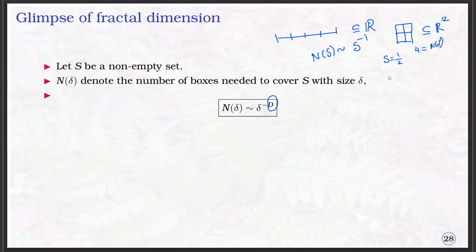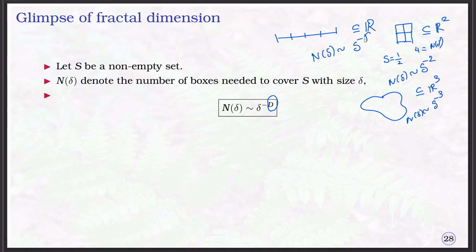That means n of delta is proportional to delta power minus 2. If you consider any object in R power 3, like this type of zigzag object, and you take smaller deltas, then n of delta will increase, and the relation between n of delta and delta in R power 3 is that n of delta is proportional to delta power minus 3.